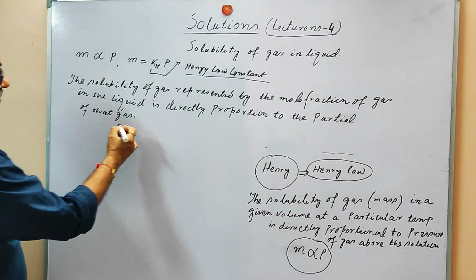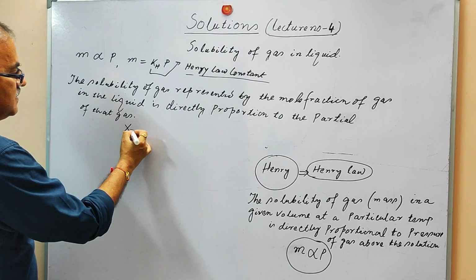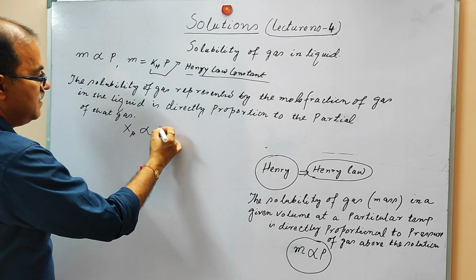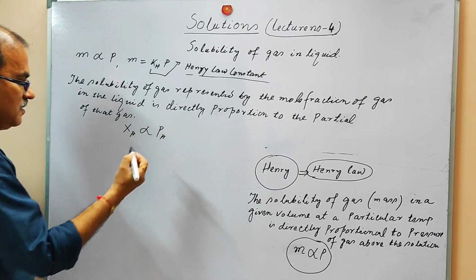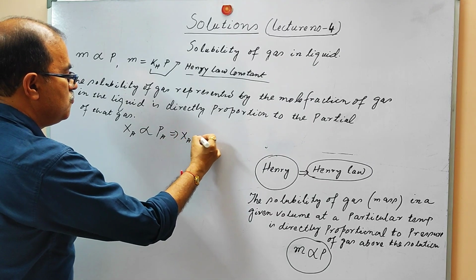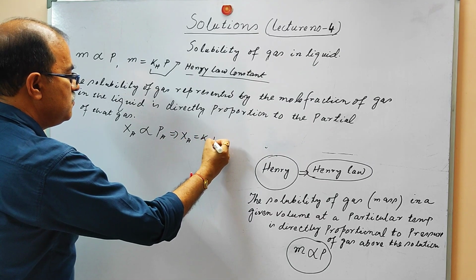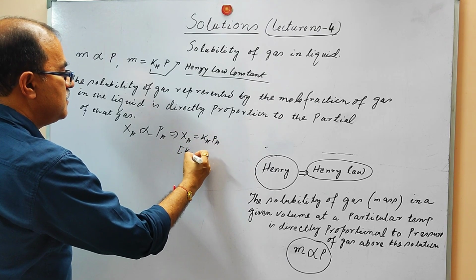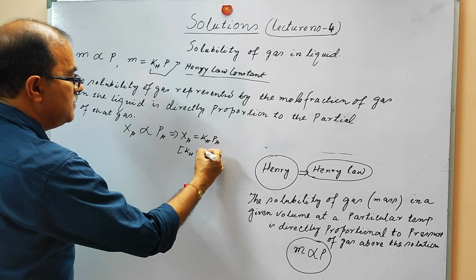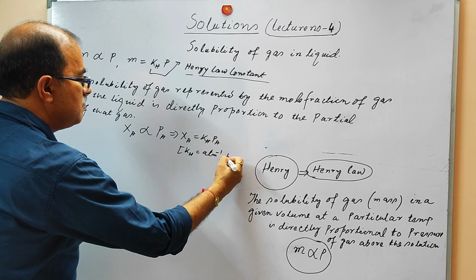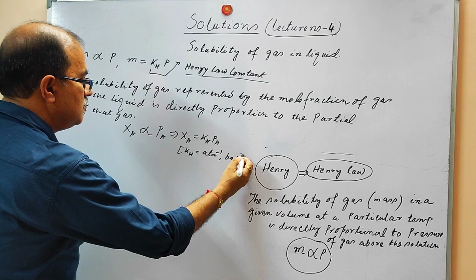Suppose the mole fraction is XA and the partial pressure of the gas is PA. So we can further write XA = KH × PA, and the units of KH are atmosphere inverse, or bar inverse.